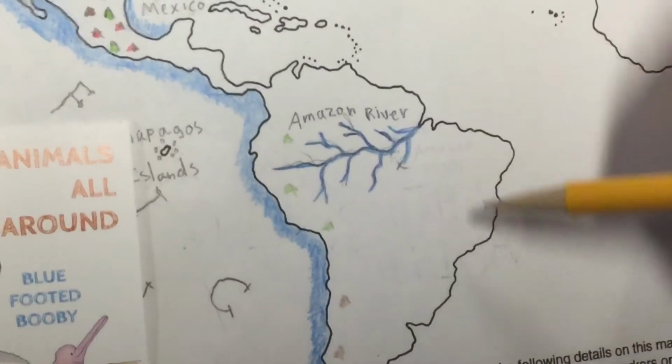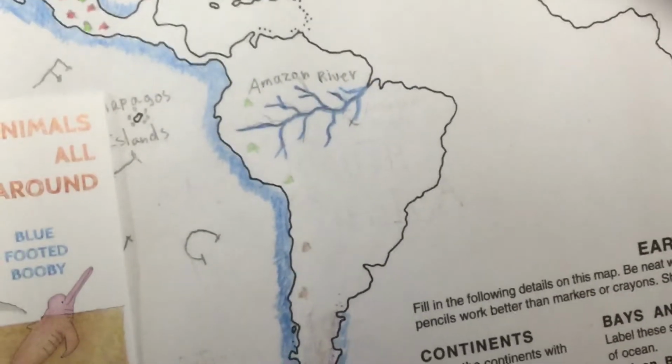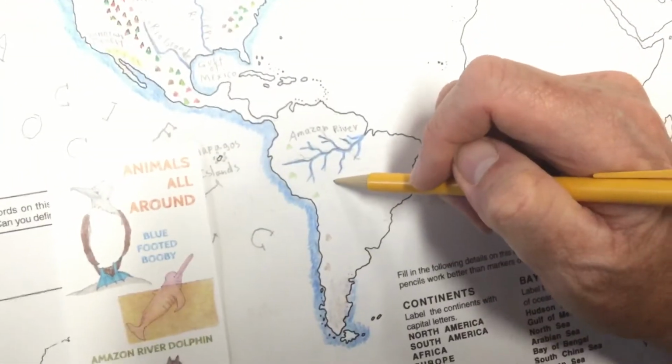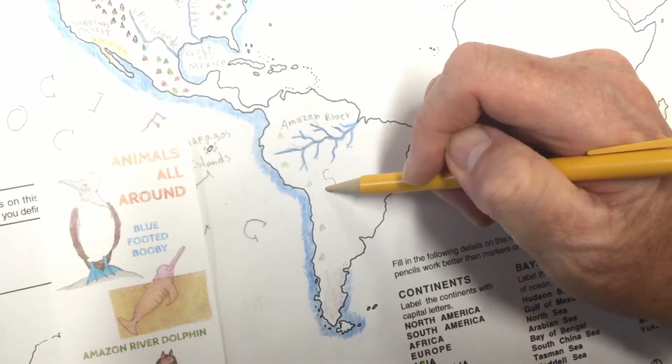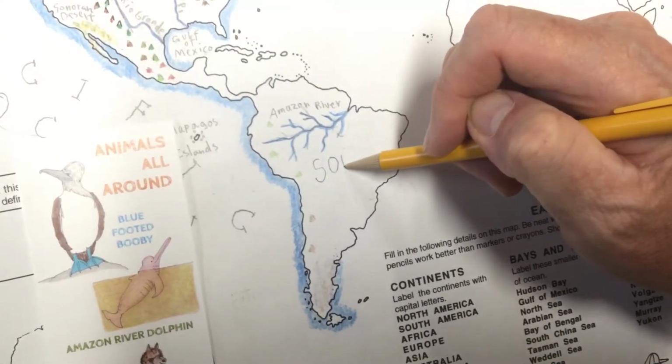And now we should, just like we indicated, this is North America, we're going to label South America as well. So all capital letters. And I'll probably put it on 2 lines.